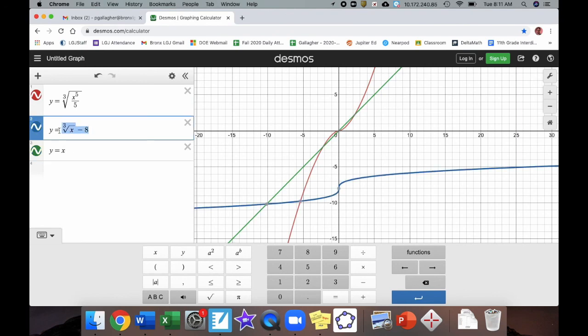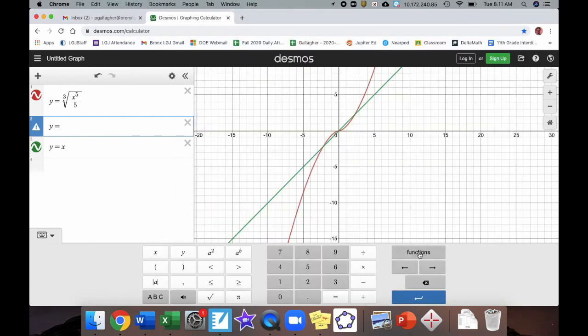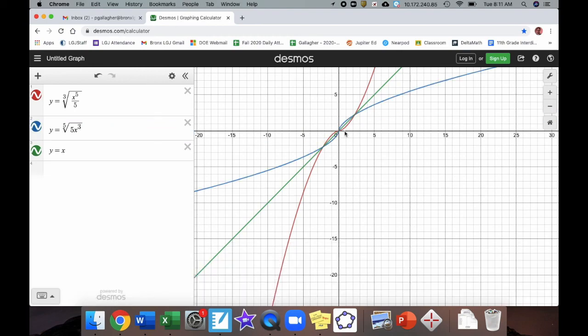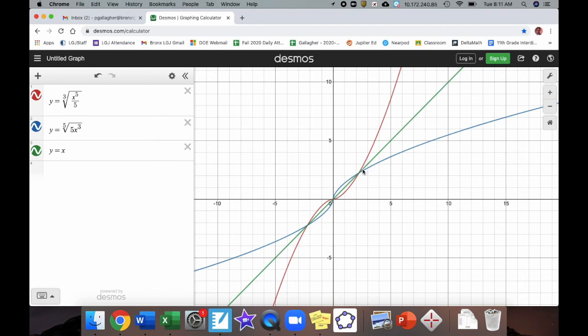And then we had, as our inverse, the fifth root of 5x to the third. So let's do Functions, Miscellaneous, this fifth root, 5x to the third. And this one, if we zoom in, we can see that it is intersecting the line y equals x 3 times. 1, 2, and 3.